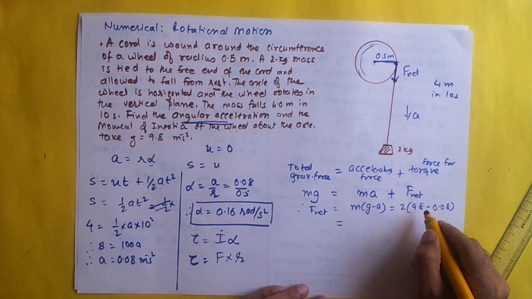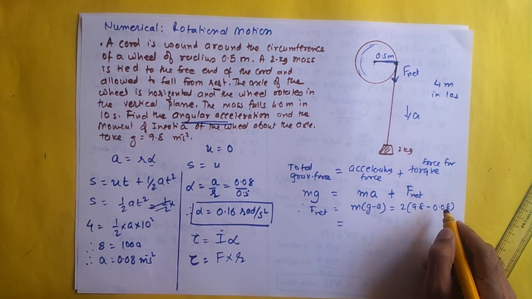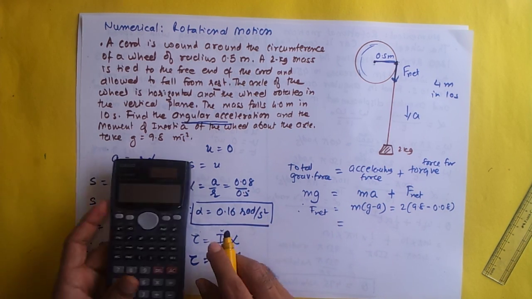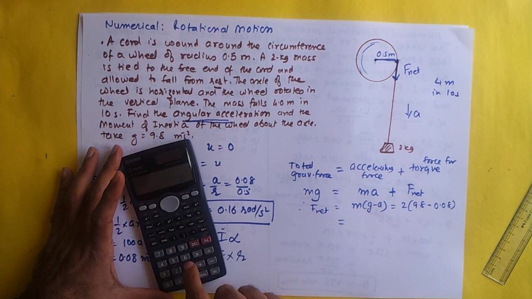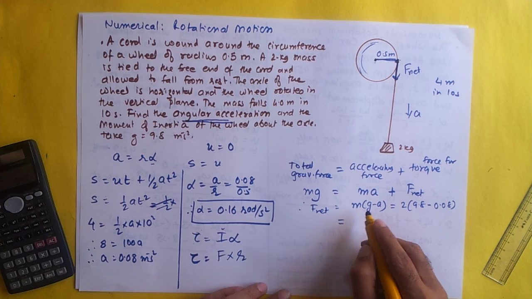And if I do this calculation, 9.8 minus 0.08, let me do that calculation quickly. I'm sure you are with me and you're also doing this calculation. Multiplied by 2 would give me 19.44 Newton.